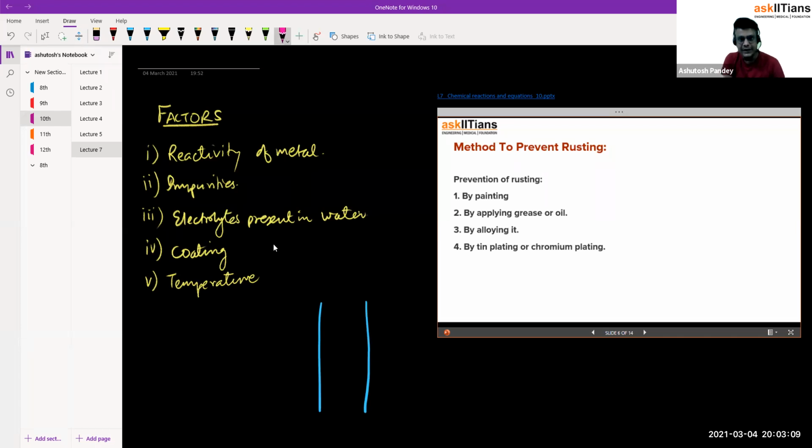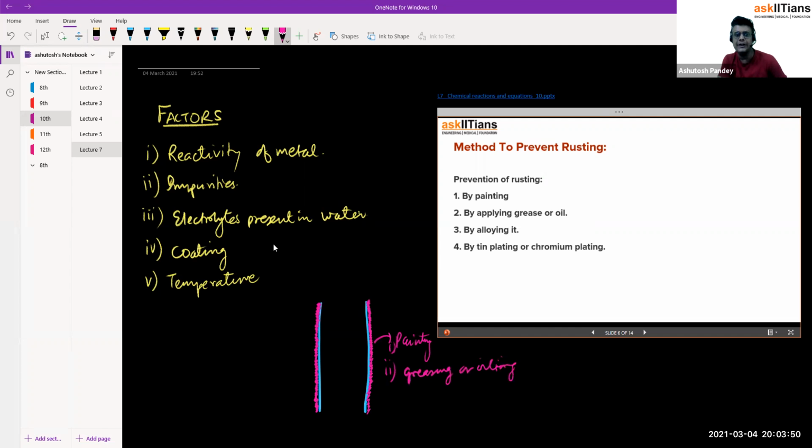We can put either oil or grease on the surface like this, to cut the oxygen off, so that we prevent oxygen from coming in contact with the iron. So we can do it either by painting, or by greasing or oiling.